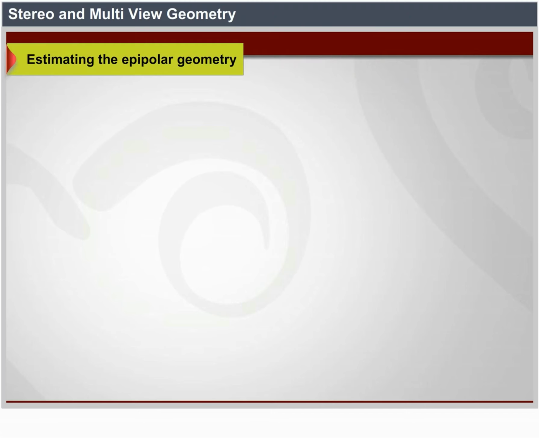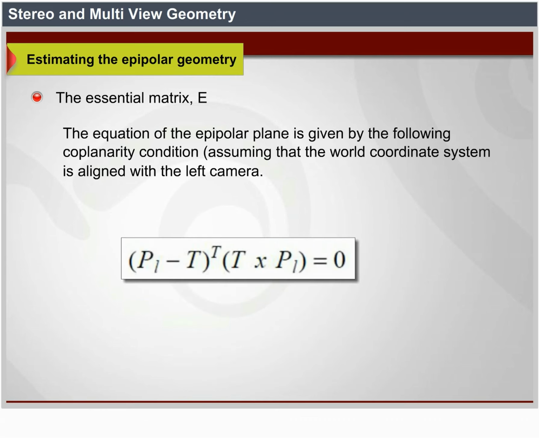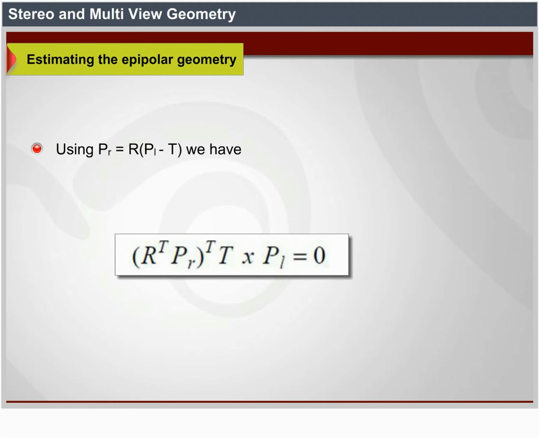The essential matrix E. The equation of the epipolar plane is given by the following coplanarity condition, assuming that the world coordinate system is aligned with the left camera: (PL minus T) raised to the power T into T cross PL equals 0. Using PR equals R into (PL minus T), we have (R raised to the power T into PR) whole raised to the power T, T cross PL equals 0.